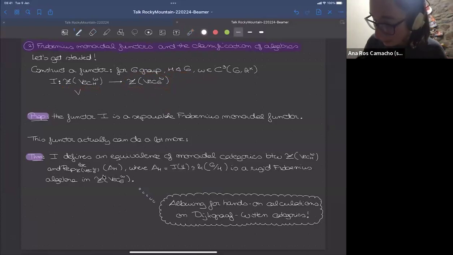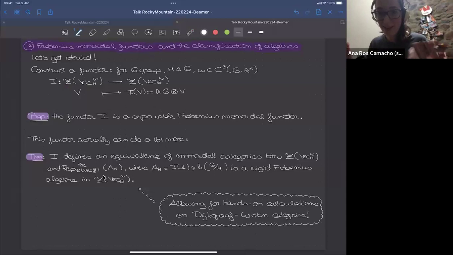How do we do this? By taking one object here and mapping it to the following: we define the image of this functor as the product of the group algebra times V. It's something pretty easy: you just take this V and multiply it with the group algebra to make it an object inside here.